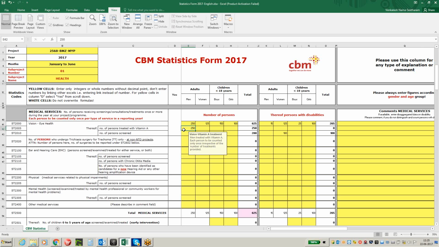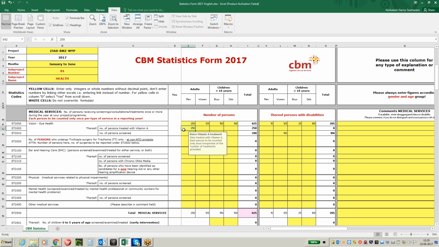After various consultations with all the stakeholders, from MAs to regional officers, advisors, everyone, they said this is the minimum information that we need from the statistics. So those are the things that you see now on the statistics form, and not everything. This vitamin A, CBM Germany needs as a separate one, so that is there as a separate line.